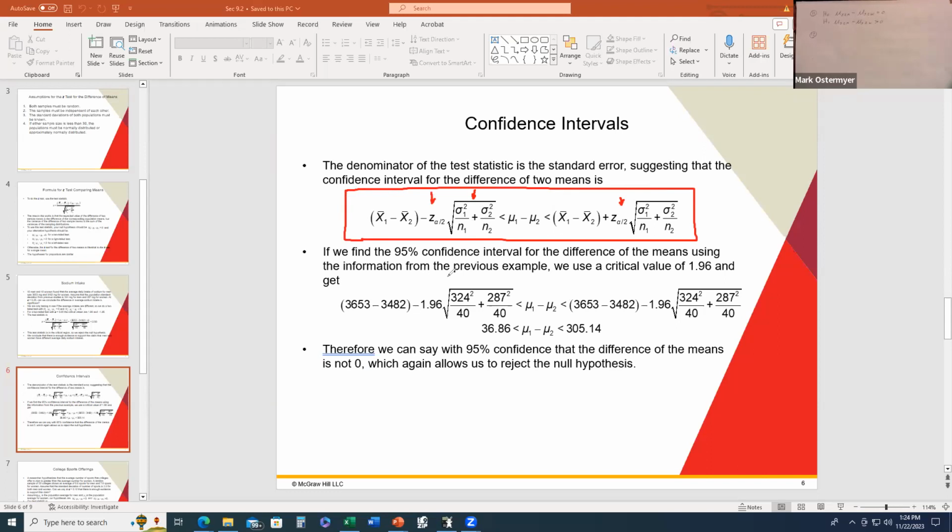So to find a 95% confidence interval for the difference of the means using the information from the previous example with the critical Z value of 1.96, we would put the numbers in where they belong in the formula. Again, this is reverting back to the example we just did with the hypothesis test. And this would be the lower end point of your 95% confidence interval. And this would be the upper end point of your 95% confidence interval.